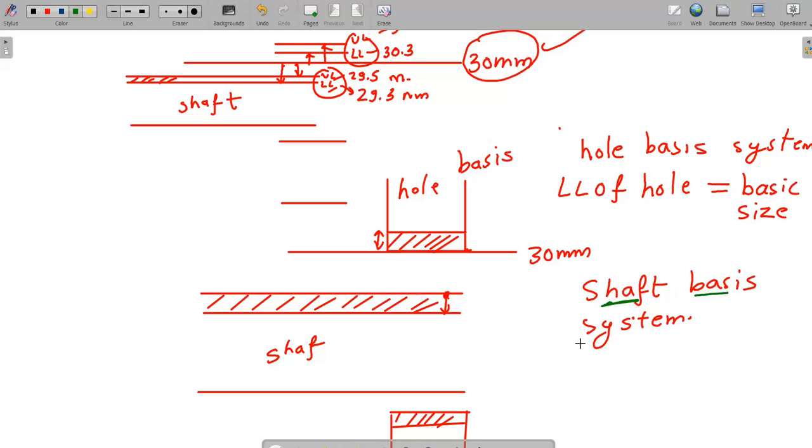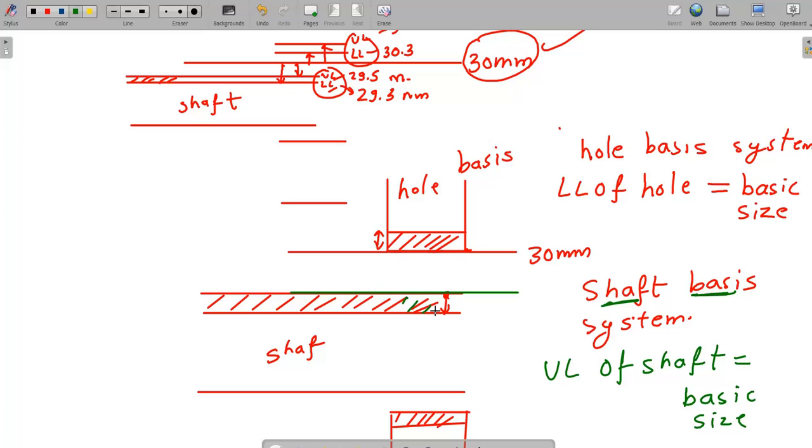Okay, shaft size will be always equal to basic size. But in this case, shaft size means I will always consider the upper limit of a shaft. Now in this case, upper limit of a shaft will be always equal to basic size. Upper limit of shaft will always equal to what? Basic size.